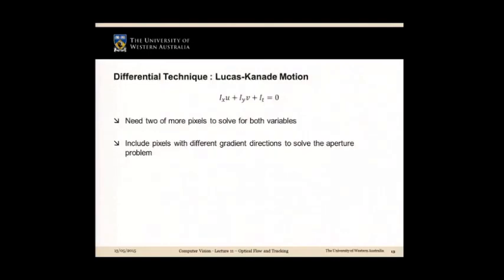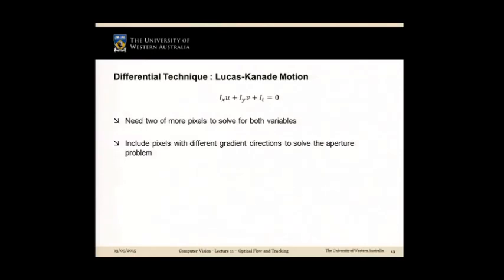One of the famous techniques is the Lucas-Kanade motion technique, one of the famous optical flow methods proposed so far. But this method needs two or more pixels to solve for both variables, u and v.